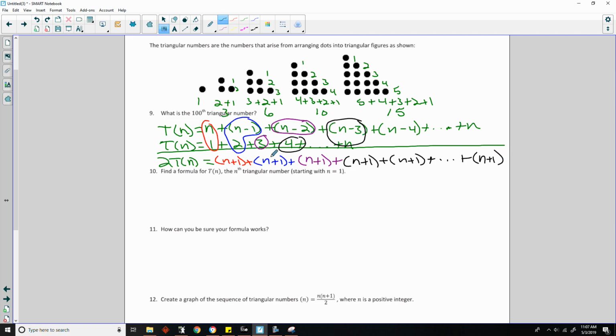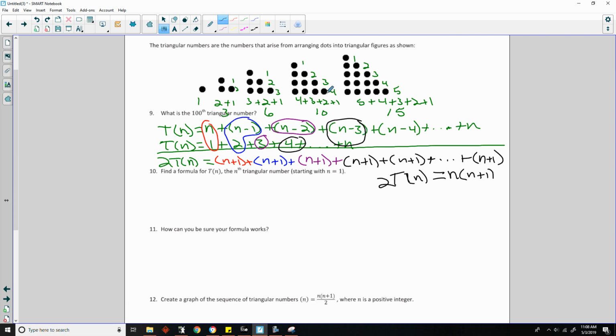Okay? All right, so N plus 1 plus N plus 1 plus N plus 1 plus N plus 1, and that is going to equal the number of N plus 1s times N plus 1. So 2T of N is going to equal N times N plus 1, however many times N plus 1 occurs.